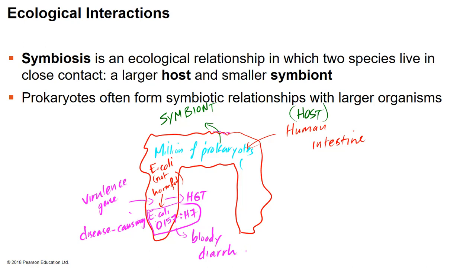Bloody means there will be blood and diarrhea. So we have E. coli that is not harmful, does not cause a disease, but also we have E. coli types that might cause serious disease.